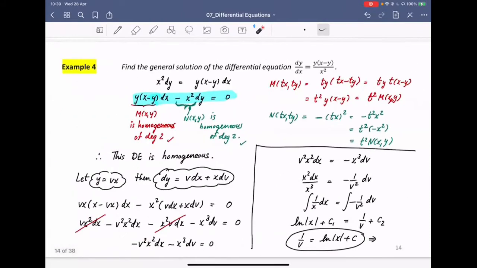We'll start this question because this is going to be on the final exam. I expect you to solve a question like this in 15 minutes. On the exam, you're going to get an equation like this, and I will ask you to solve this differential equation by using the homogeneous technique, and you have to complete it.